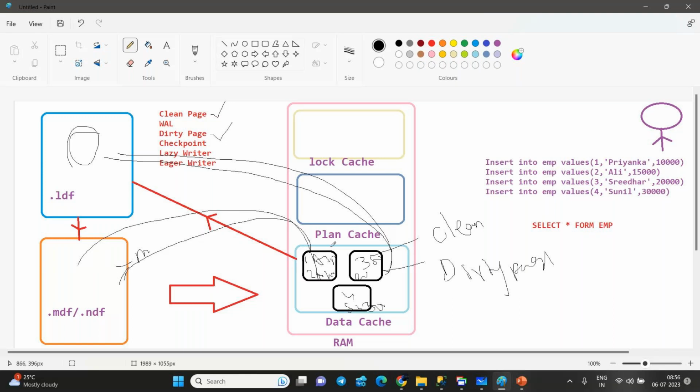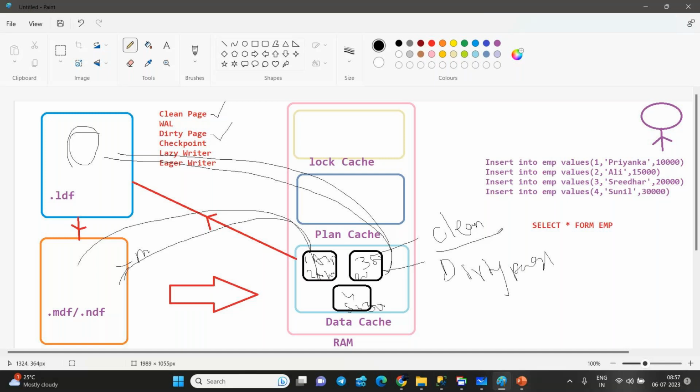The pages are still available in the buffer. Now those pages you should call a clean page. Before modification you call it a clean page, and after checkpoint you call it a clean page again. Getting my point?